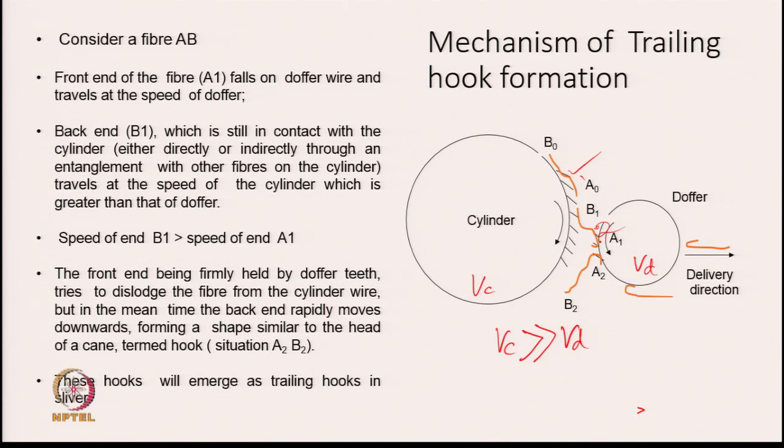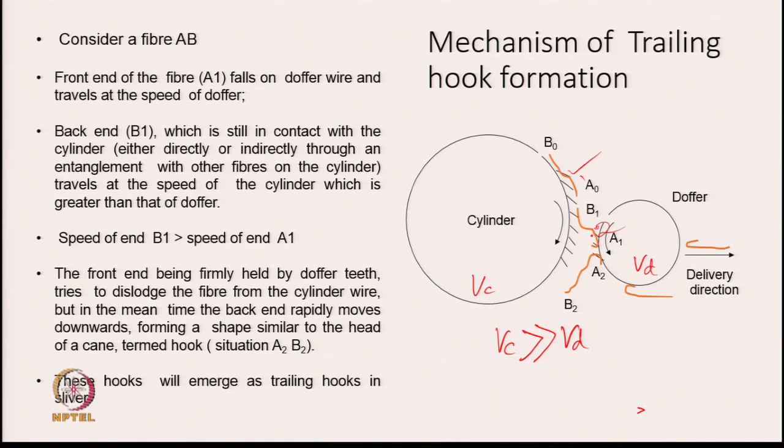So, the end A which is in contact with the Doffer still remains on the Doffer, but the other end B now moves forward and takes the position A2 B2. Now, as a result of this the fiber turns, that is, B comes in front of A. So, earlier the end A was in front of B.